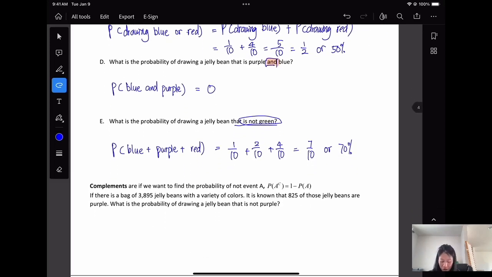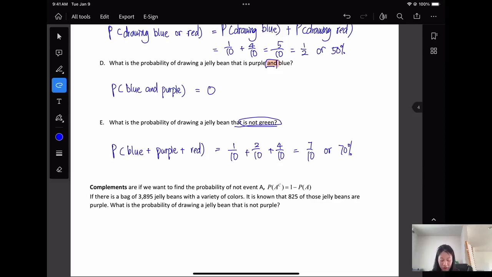Another way to do it is to use complements. Complements are used if we want to find the probability of not event A. For the notation, we use A to the C, which means complement. Let's go back to the previous example. We want the jelly bean to be not green, right?